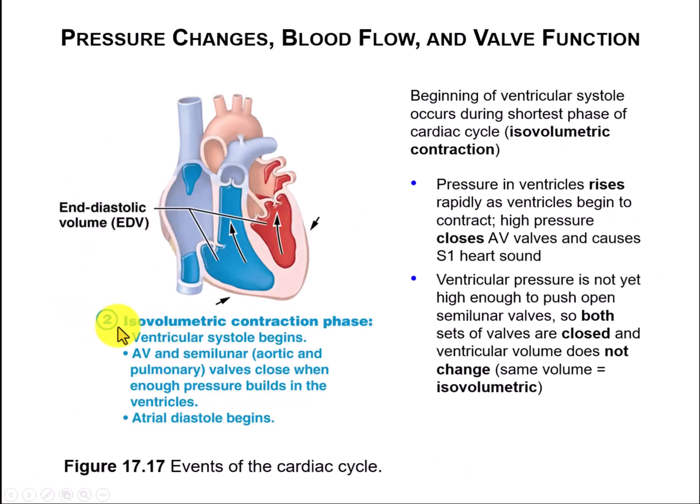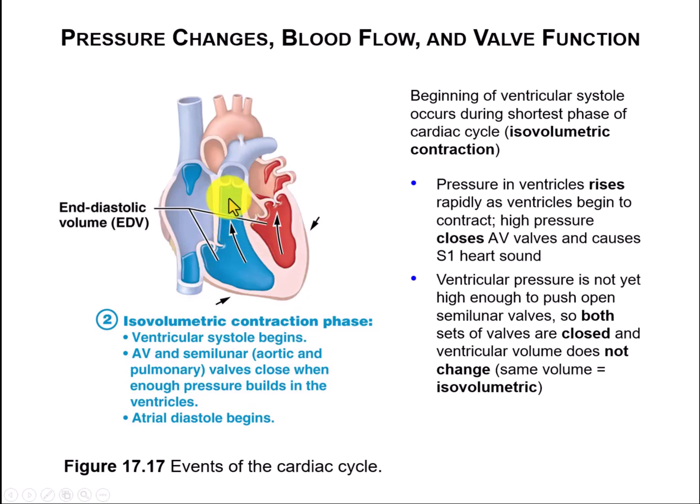The second phase is isovolumetric contraction. Notice that iso means same volume. As the ventricles start to enter into systole, the pressure in the ventricles is sufficient to close the AV valves, but it is not high enough to open the semilunar valves yet.